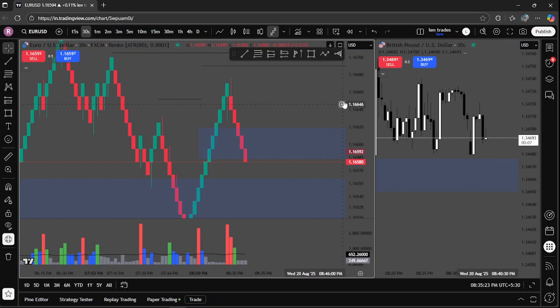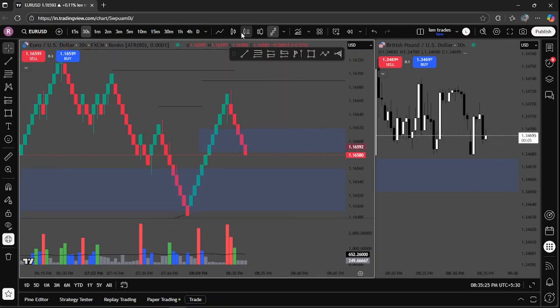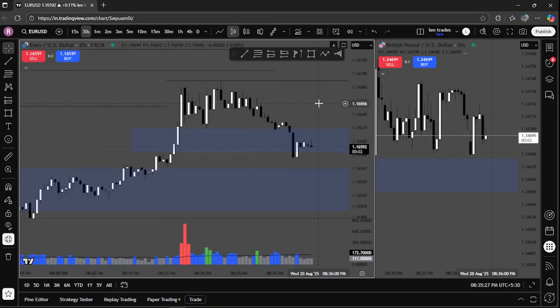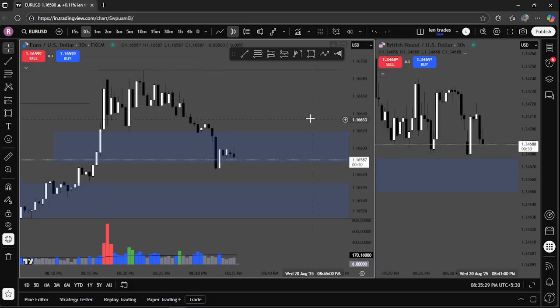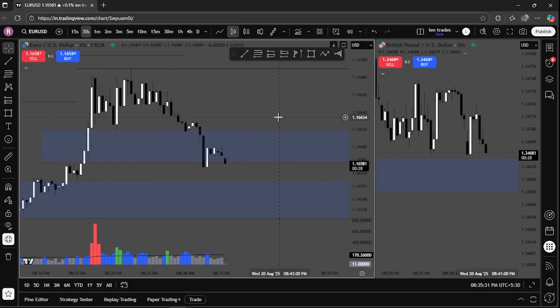Renko chart. Maybe you can open it up to check out what's going on with the Renko. See this one turning, that's a good thing. Right?